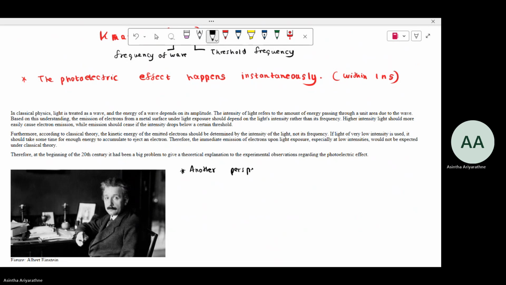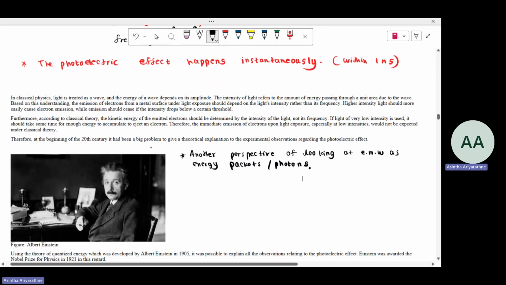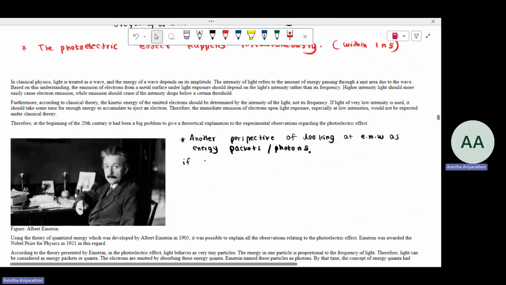An electromagnetic wave consists of millions of energy packets, small particles.